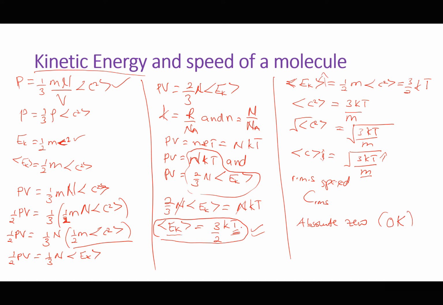Because temperature is directly proportional to the average kinetic energy of the molecules, when I talk about absolute zero, I'm referring to the temperature at which the average kinetic energy of the molecules is actually zero. At this temperature, the molecules can be considered to be permanently at rest.